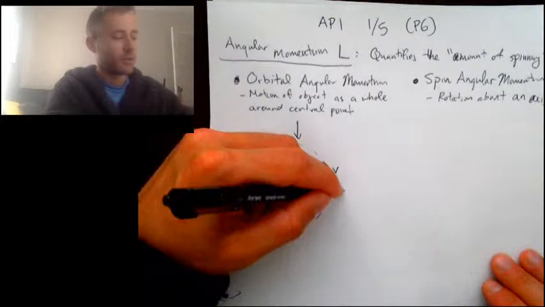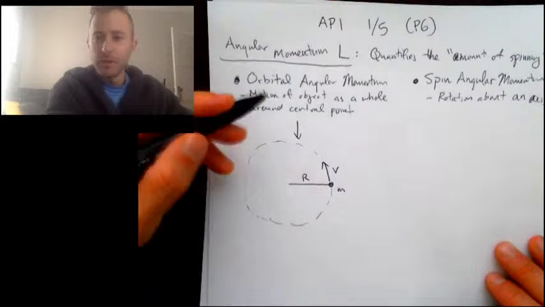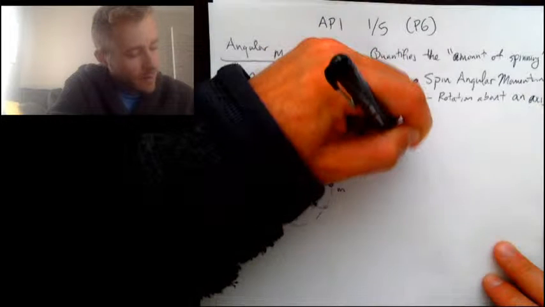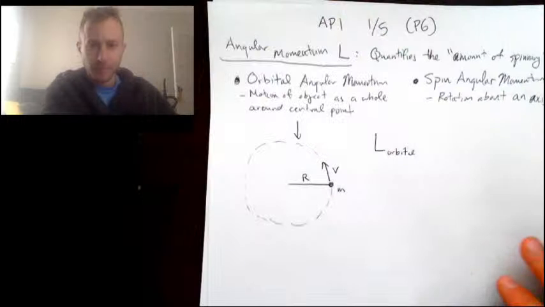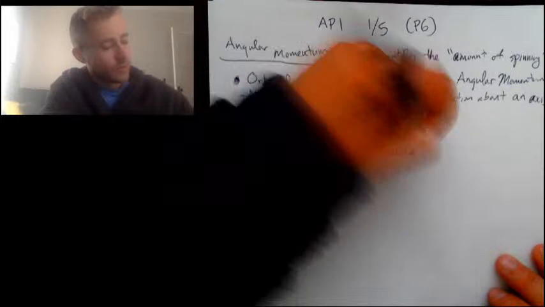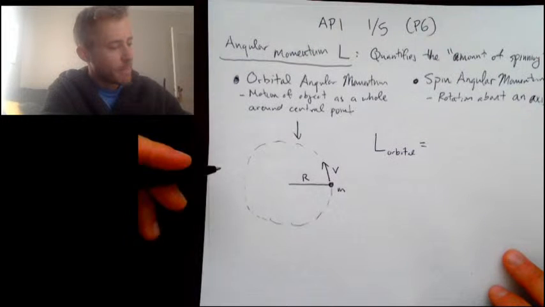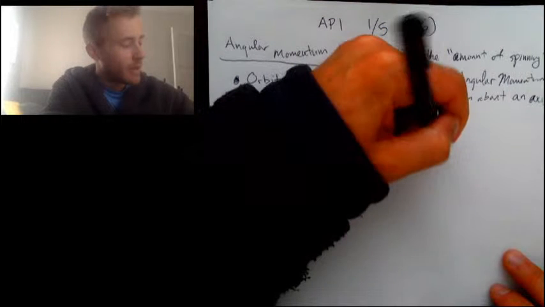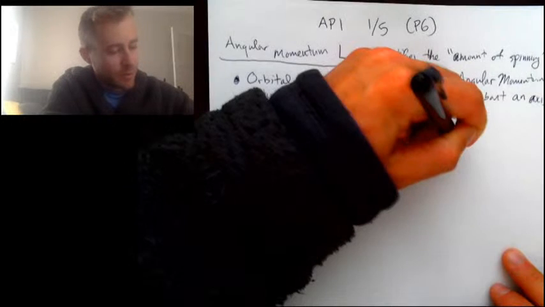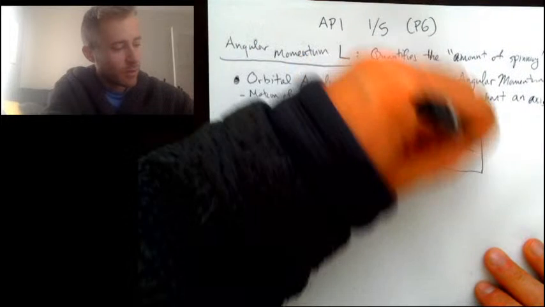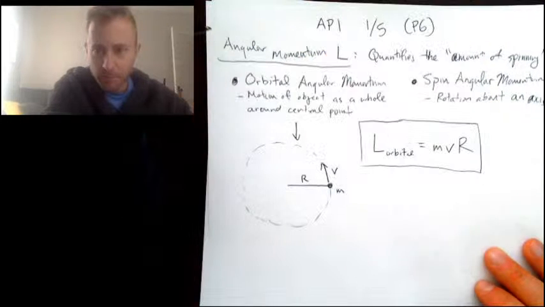And the mass of the object is m. So the orbital angular momentum is m times v times r. So that is the definition of orbital angular momentum.